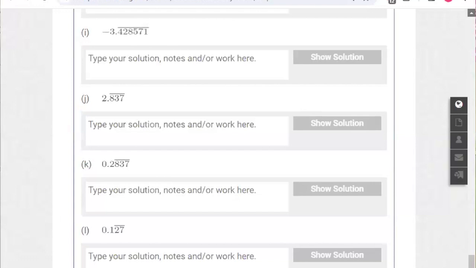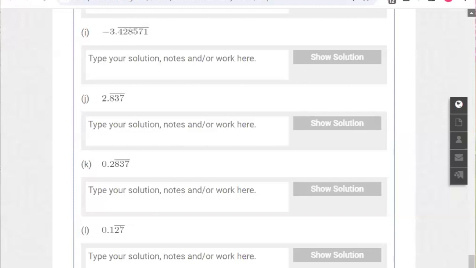Negative 0.234 repeated, this part. So multiply it by 10, so 10x equals negative 2.34 repeat. Okay, yes. Are we good? And then multiply that by 100, so 1000x equals negative 234.34 repeating.